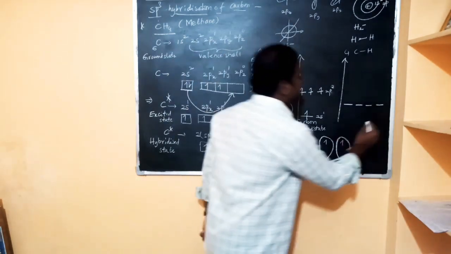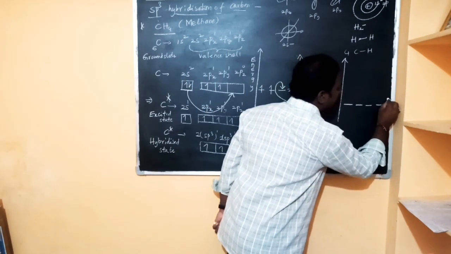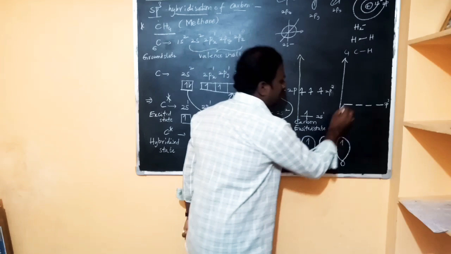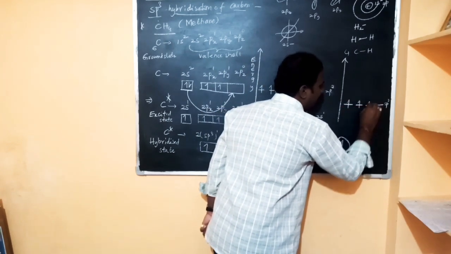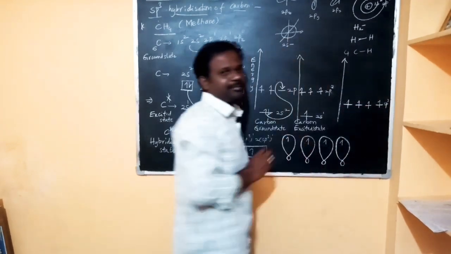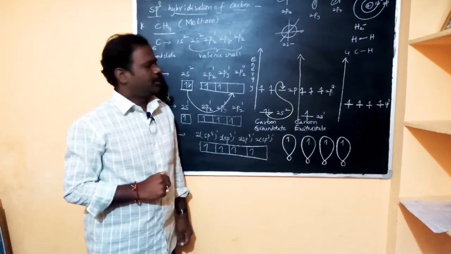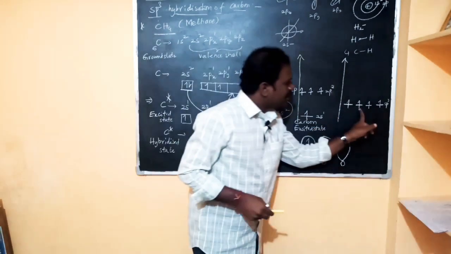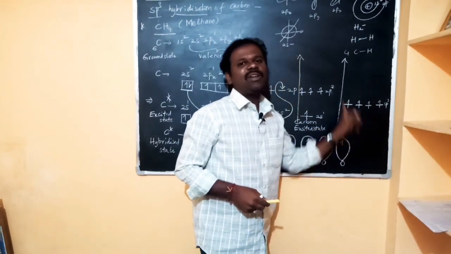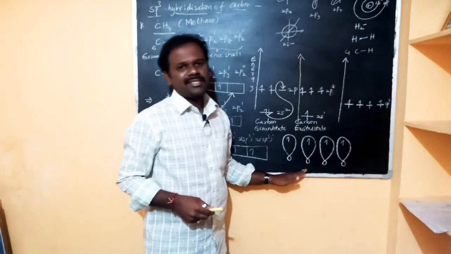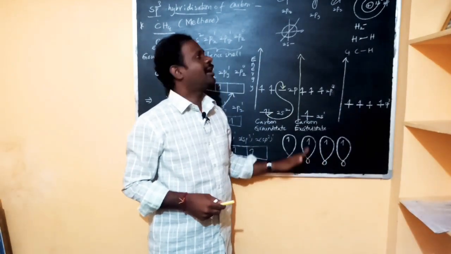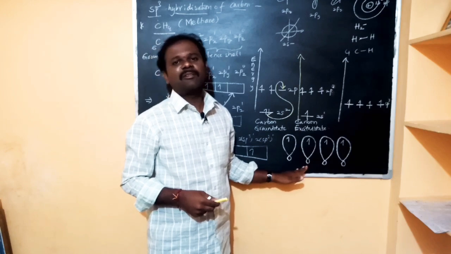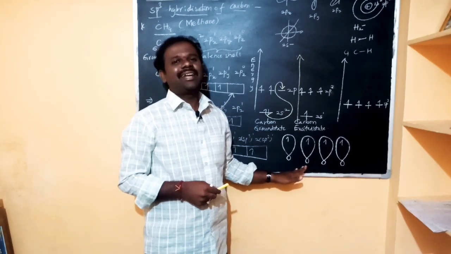These are all sp3 hybridized orbitals, each containing one unpaired electron, all equal in energy and equal in shape, which are called hybridized orbitals, and the phenomenon is called hybridization.